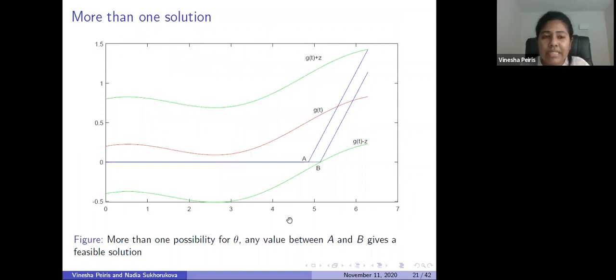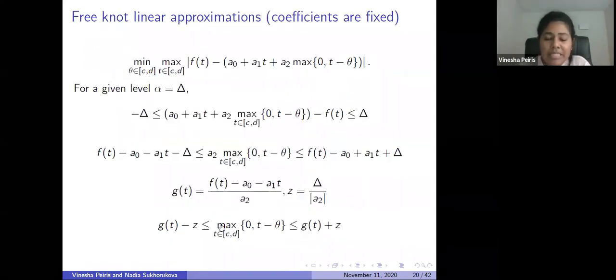The first case is more than one solution. This upper green function is g of t plus z and the lower green function is g of t minus z. In between we have the function g of t, which is red. So what we do, we start at 0 and then we go all the way down until we hit the lower bound g of t minus z, and then we go up, because this maximum between 0 and t minus theta consists of two linear pieces.